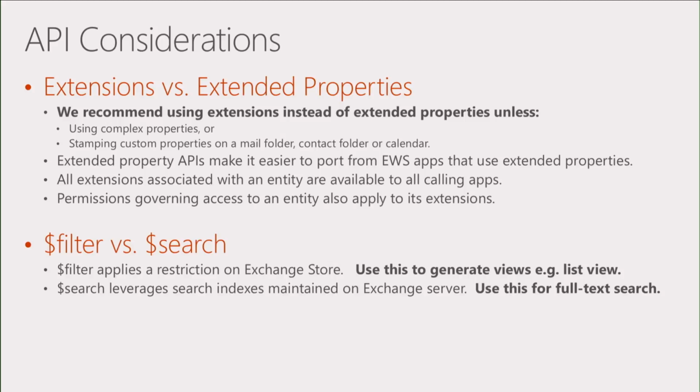Sometimes the cost is very high, so then we reject the call. If you're looking to generate a view, generally filter is going to work well for you. If you're looking to do full text search, then call $search, because then we're not going against the store, we're going against indexes generated by FAST in Exchange, which does a full text search and returns everything in there.